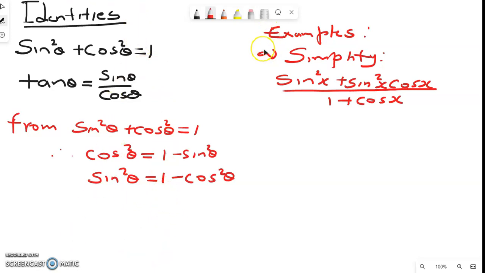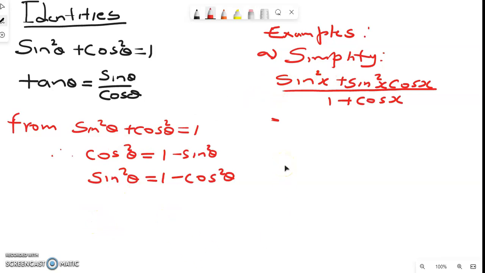For our first example, we are given sine square x plus sine square x cos x over 1 plus cos x. Let us try and simplify this. In simplifying, firstly we must read this with an understanding.